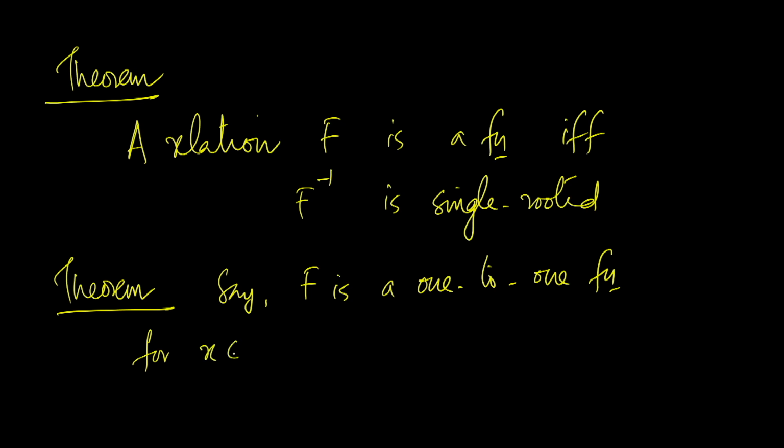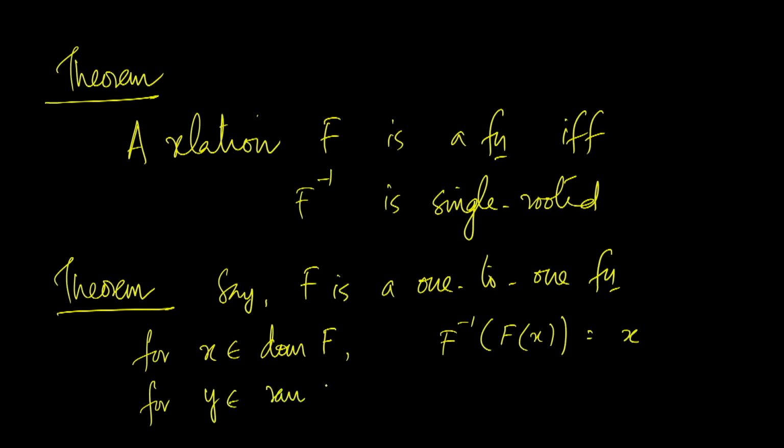For x belonging to the domain of f, f inverse of f of x is the same as x, and for y belonging to the range of f, f of f inverse of y is the same as y. This is true for a one-to-one function.